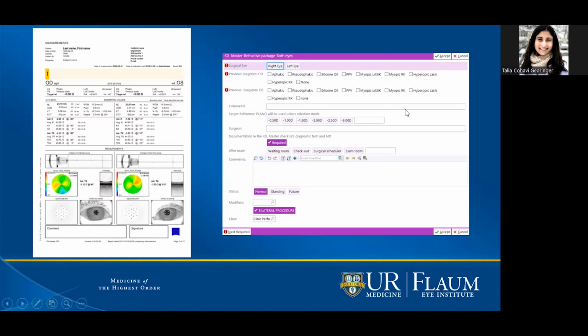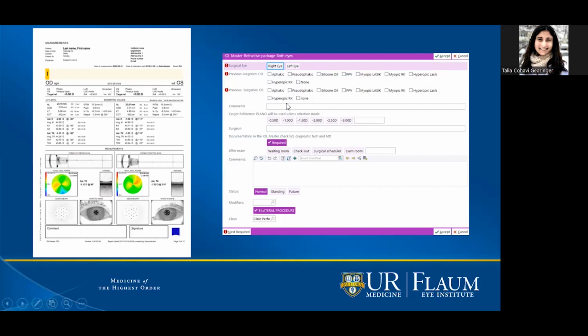So this on the left, and I'm sure a lot of you have seen this, is an order at Flaum. We have a separate diagnostics department that does all these measurements for us, and this is what our order form essentially looks like for them. This is where they're going to get all of that information to plug into those machines. So they want to know which eye we're working on, or which eye is going to be first. Prior surgeries are all going to be listed here, and then there's a comment section if there's anything specific that you need to tell them.